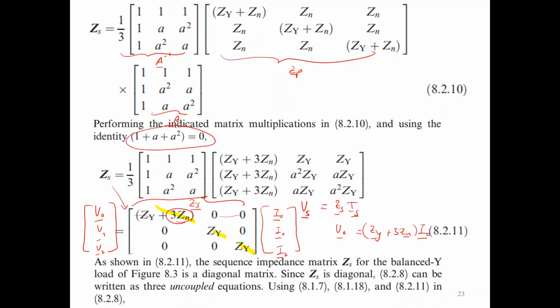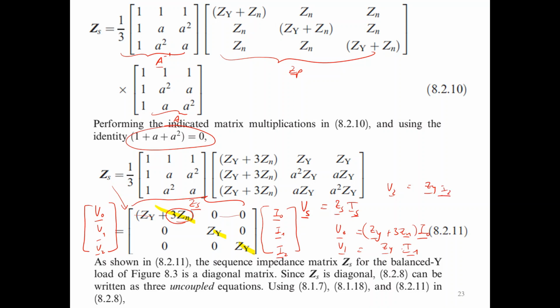V1 is Cy times I1, and V2 is Cy times I2.